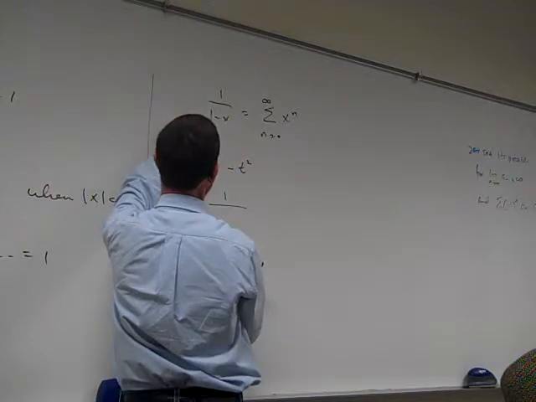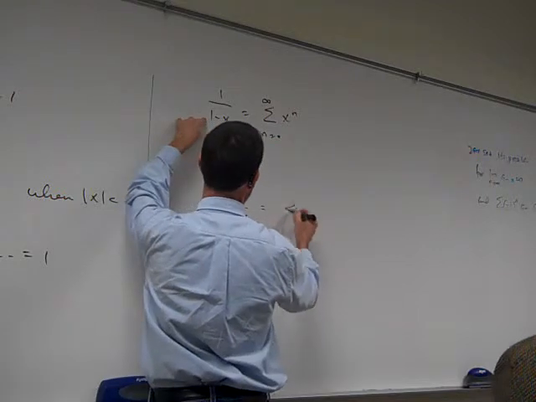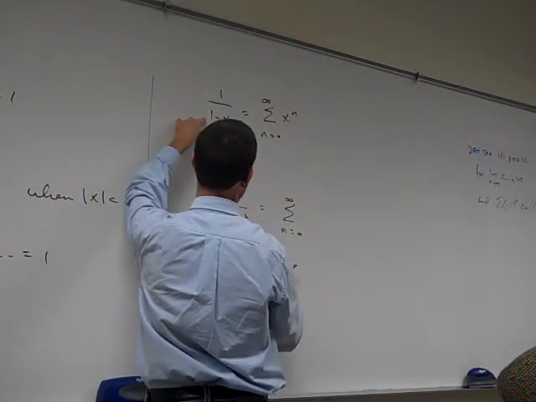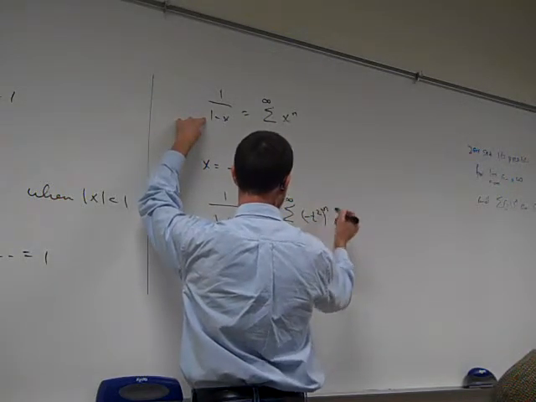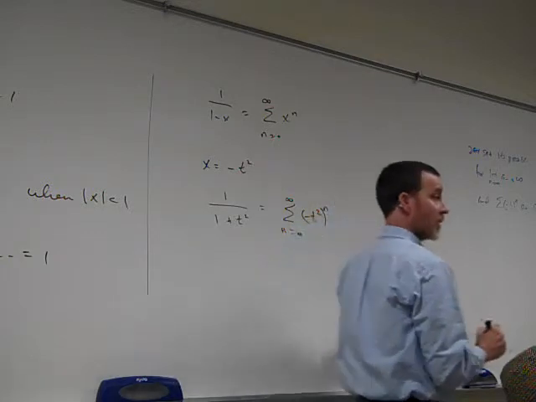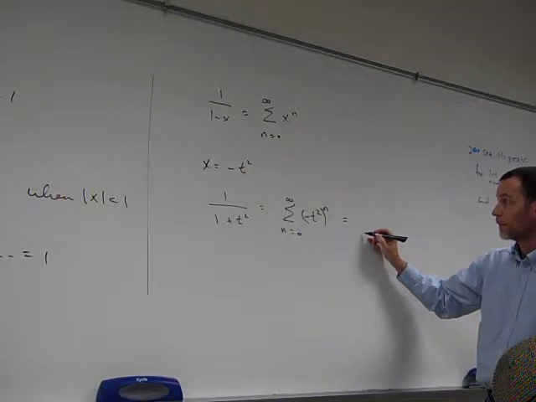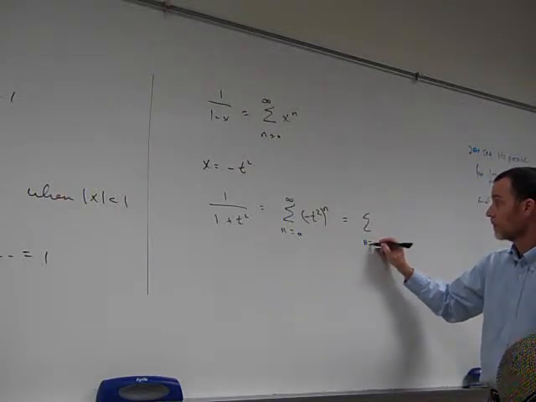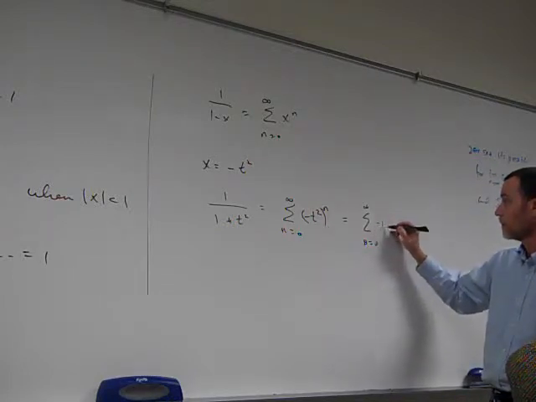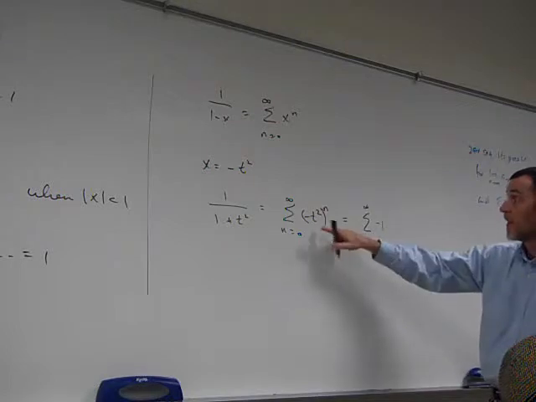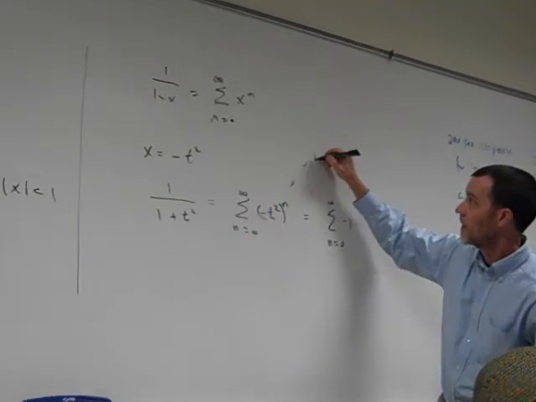What do I get? I get 1 over 1 plus t squared. Put it in the other side. What do I get? I get negative t squared to the nth power. I don't like the way that's written, right? What can I do with it? Negative t to the 2n, but careful, it's not negative t to the 2n.